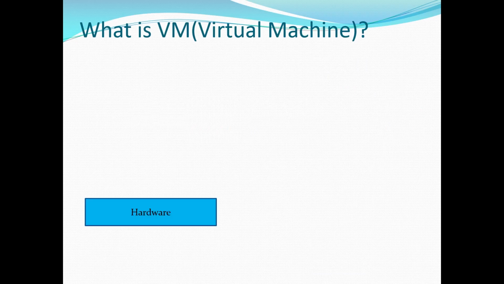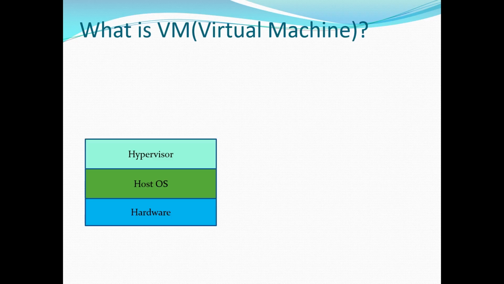Let us try to understand how it actually works. We have the hardware. On top of that, we'll have our host operating system. Suppose in my case I have Windows, and on top of that we'll have a hypervisor. That is a very important software. For example, we'll be using VirtualBox. You can use anything, but I'll be using VirtualBox.